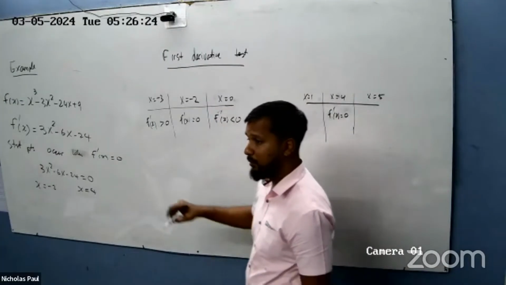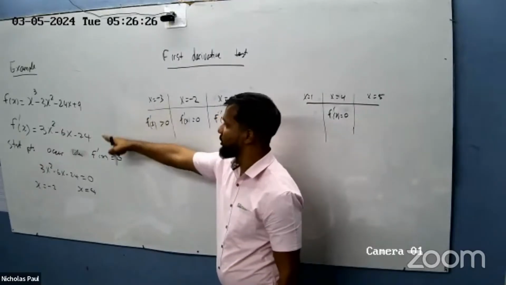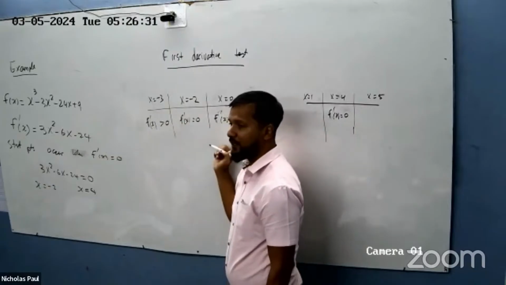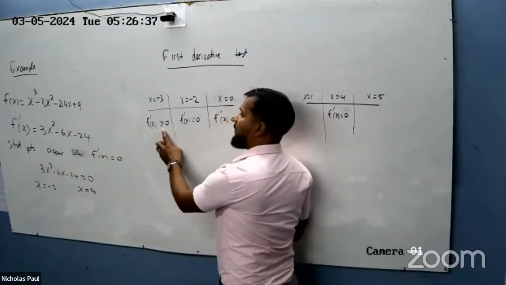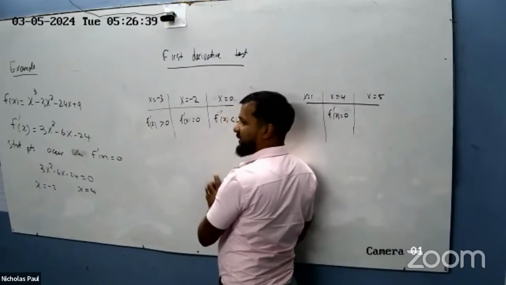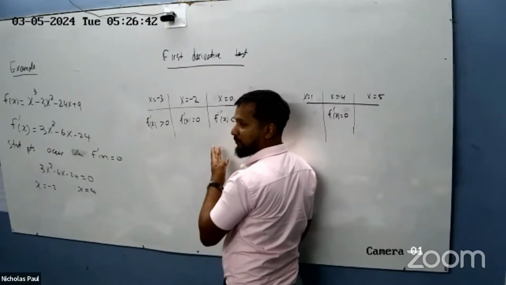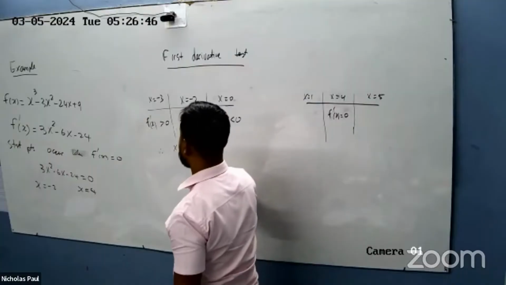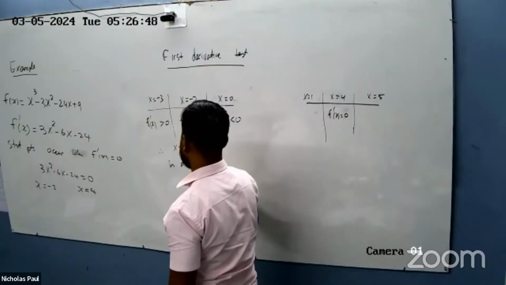Get that? I got more than and less than. So if the function is increasing then starts to decrease, what kind of point is that? Maximum. So therefore, x equal to minus 2 is a maximum.